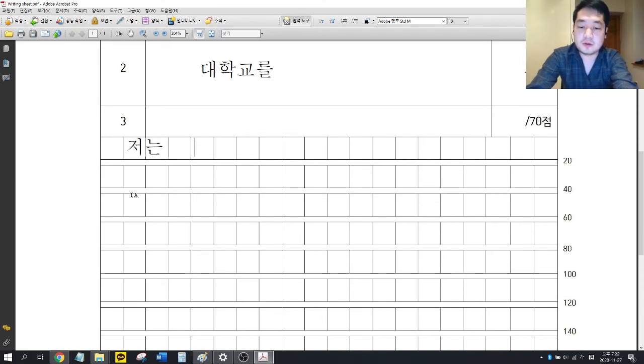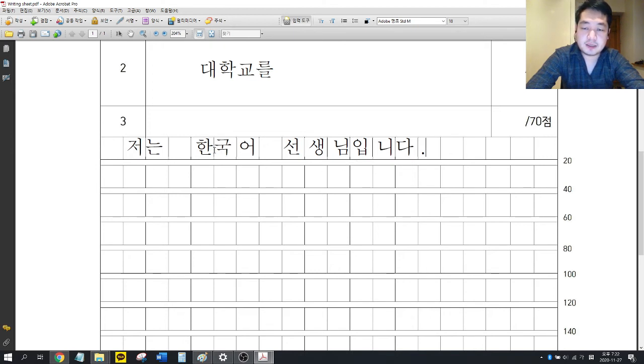저는 한국어 선생님입니다. So if there is a space, you also leave the box empty. And 한국어 선생님입니다. And also for period, you should use one box.